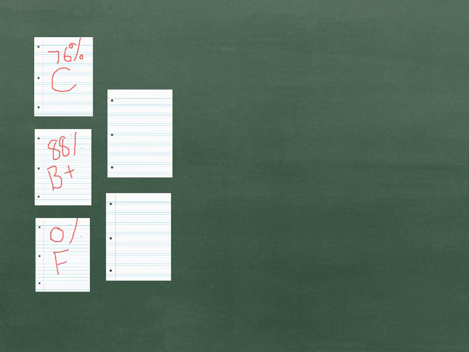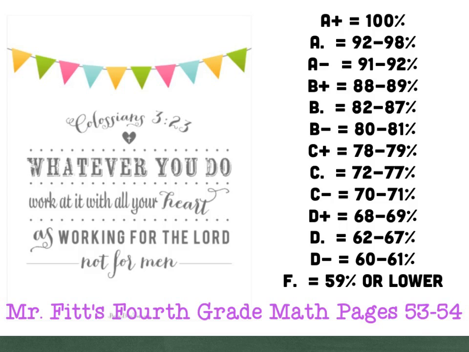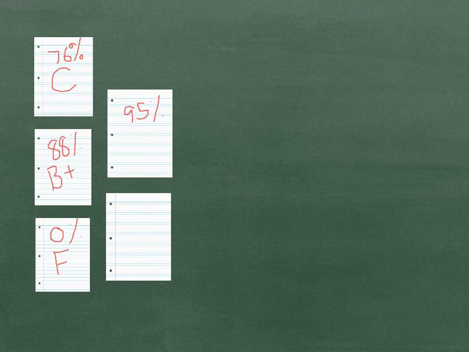And let's say you try to make up for it. In the next two assignments, you get really good grades. We'll say you get a 95% here. 95% would give you an A. And then let's say our last assignment, you got a 90%.